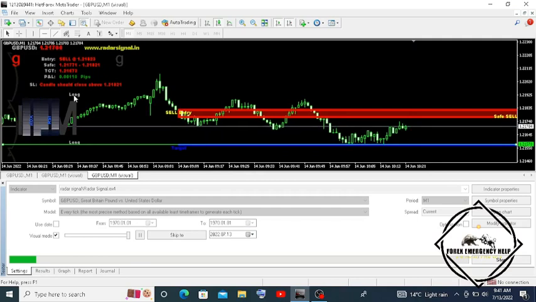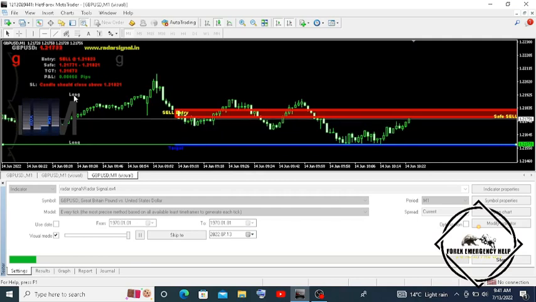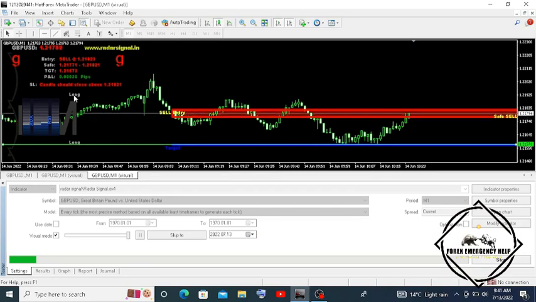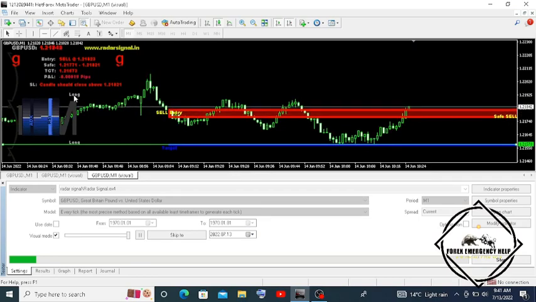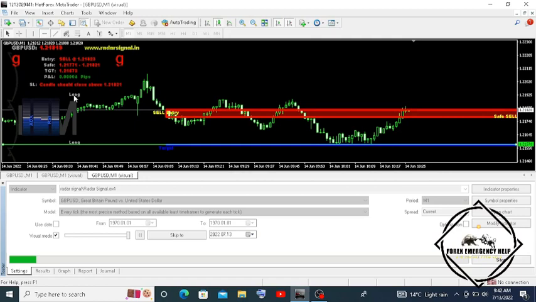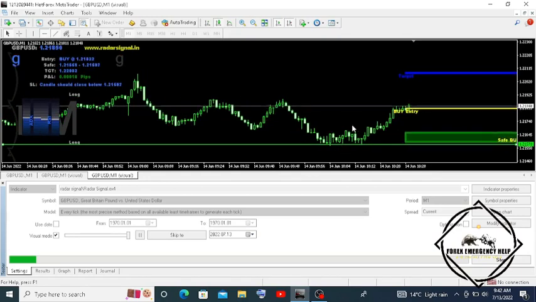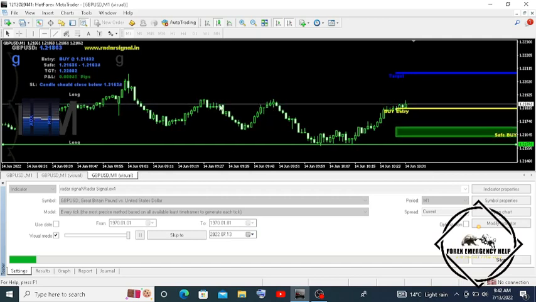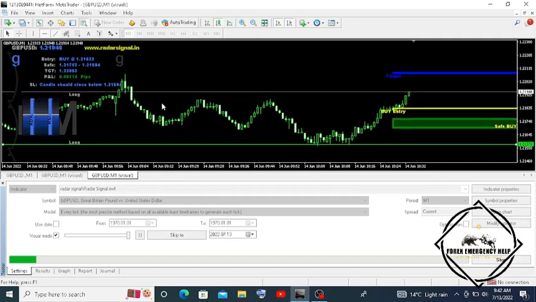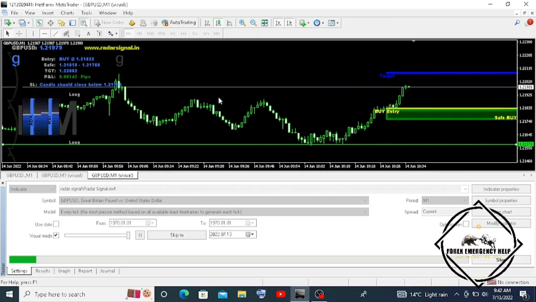Little losses are better than blowing your account. So it is better for you to collect all these minor profits and to close all these minor losses if it hit your stop loss, so that you don't blow your account.